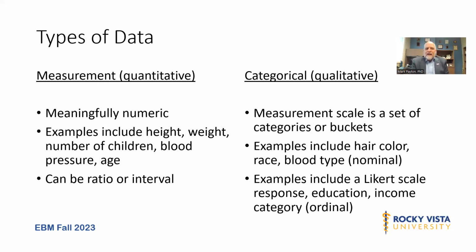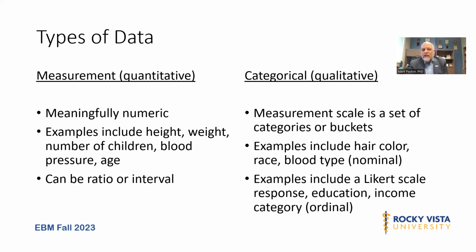All right, now there are a lot of different ways that we can talk about data types. One way that we can partition types of data would be measurement data or categorical data. And I've also put in parentheses quantitative and qualitative, because those are sort of interchangeable terms there.